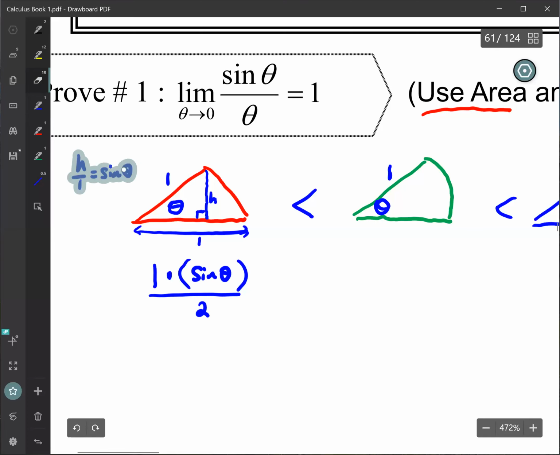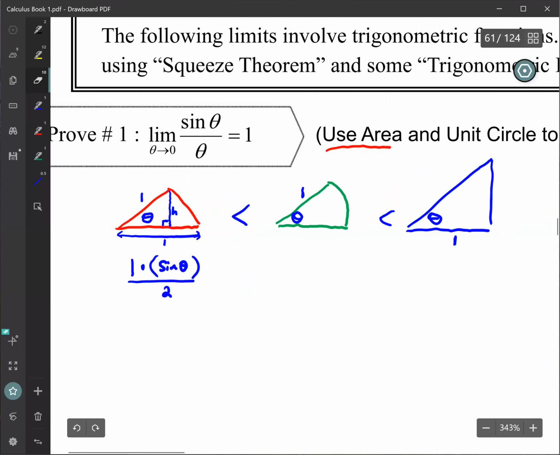Okay? Now let's move on to the second picture. The second picture is the sector. Anybody remember the sector area formula? Are you sure we learned that? Yeah, we did. Take out your grade 12 textbook. Is it the LR thingy?